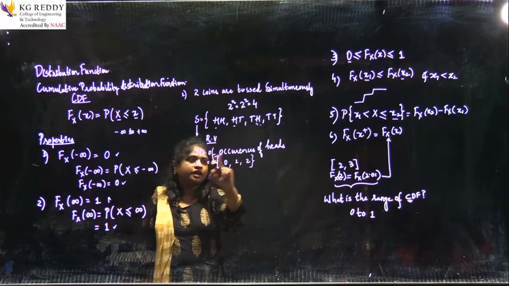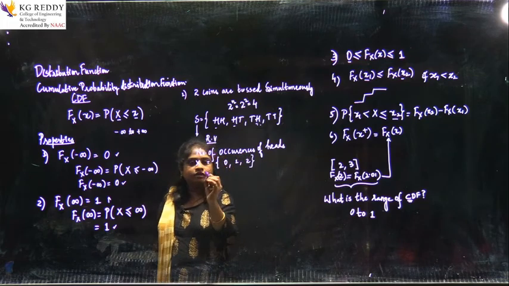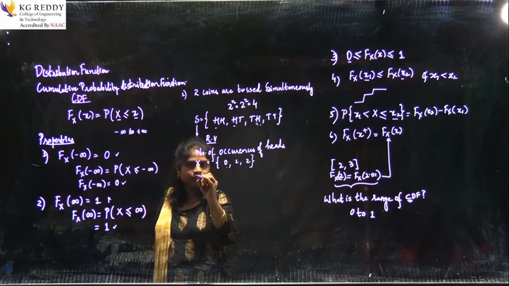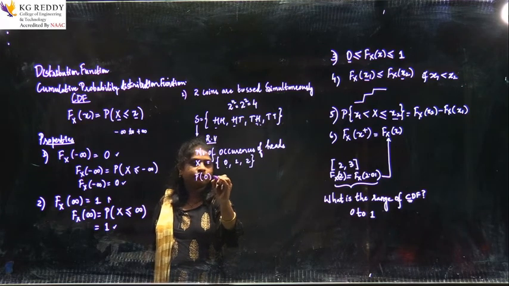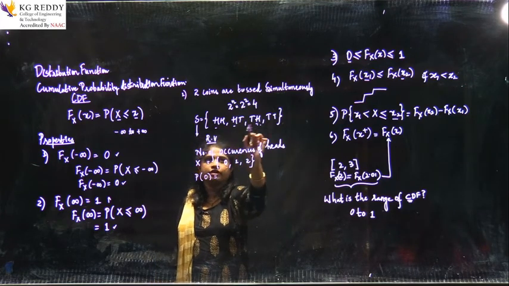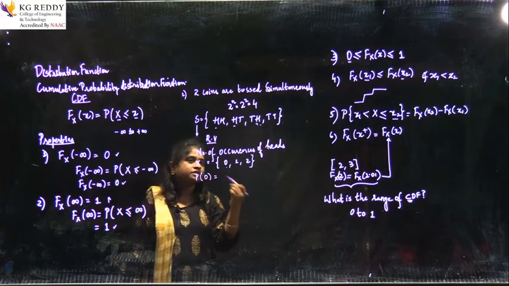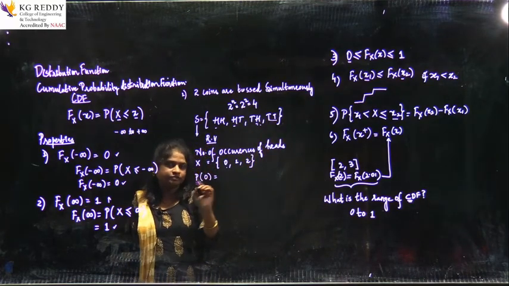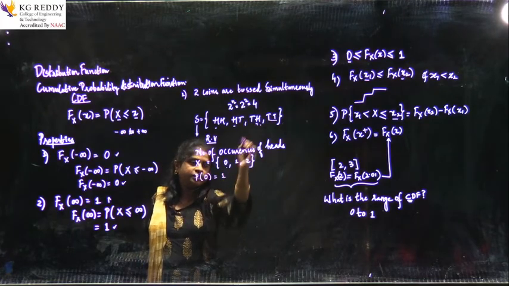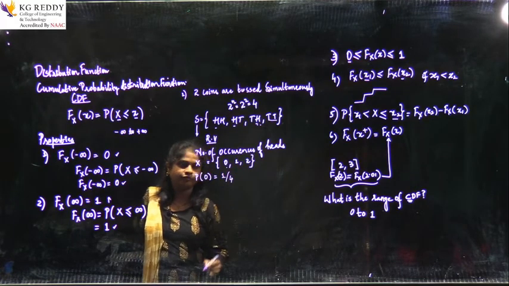Now, for the number of occurrences of heads, let us define the probability of each value. So, what is the probability of 0 here? How many times is 0 heads there? 1 time. Among 4 outcomes, 1 time 0 heads is there. So, probability of 0 heads will be 1 by 4.